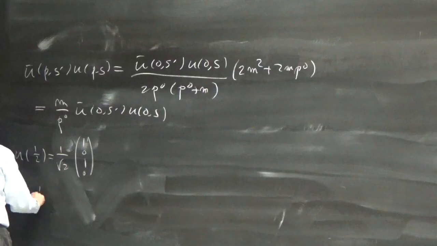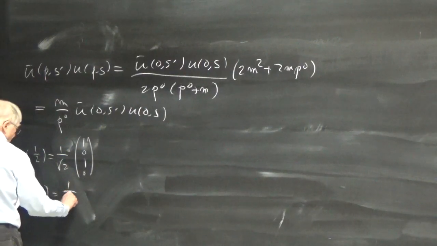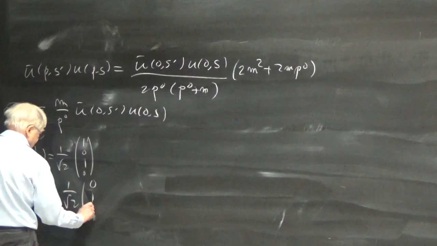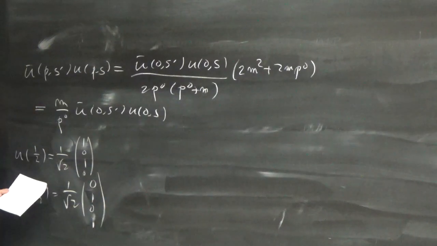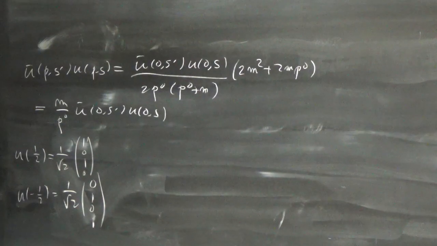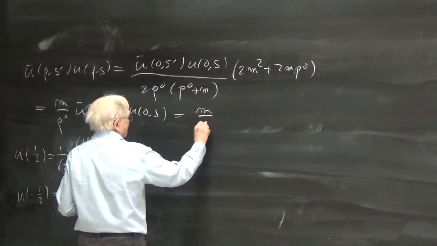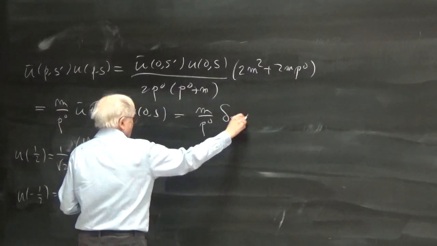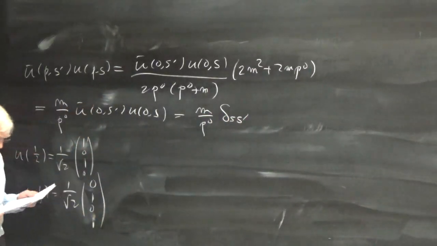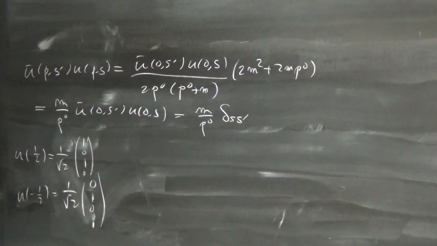And U of minus 1/2 is 1 over root 2, (0, 1, 0, 1). And so when we take these inner products, we see we just get a Kronecker delta. So this is M over P0 delta S S prime.